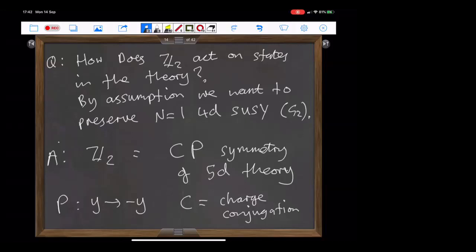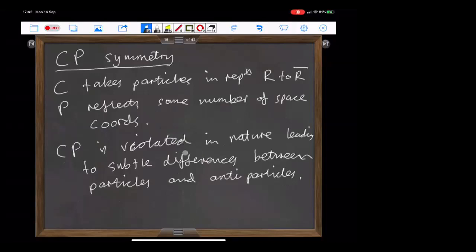So here we're considering a generalized parity symmetry in which only one coordinate is being reflected, and C is the charge conjugation symmetry, which sometimes one views as the symmetry which takes particles to antiparticles, if one wants to use the language of particles and antiparticles.